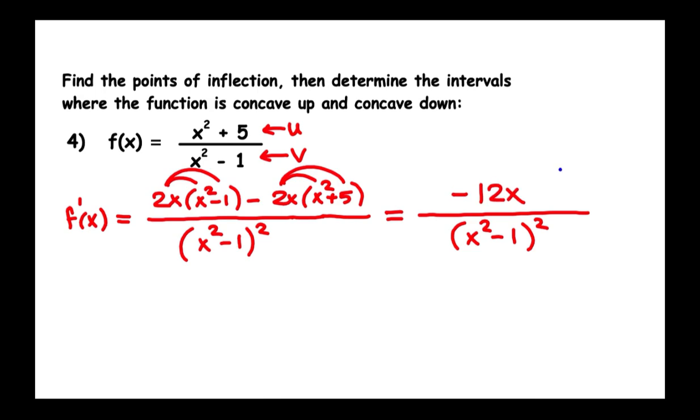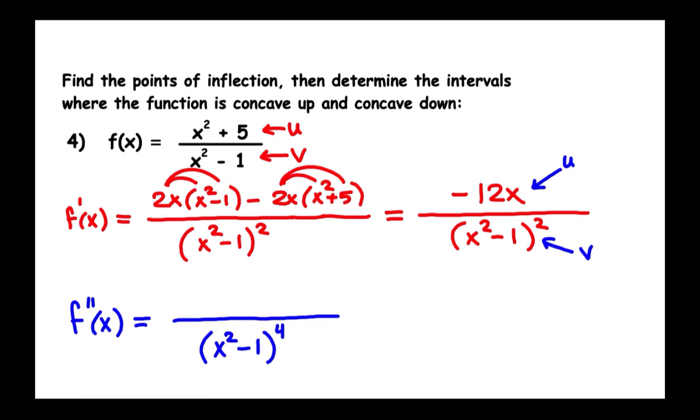Okay, one more derivative. Again, we have to do quotient rule again. Good practice from last chapter. Or last year, perhaps, as the case may be. So u prime v minus uv prime over v squared. One more time. The denominator gets squared, so now it's x squared minus 1 quantity to the 4th power.